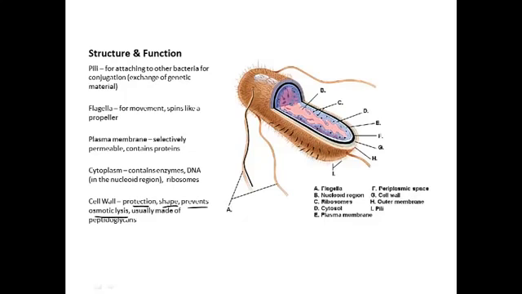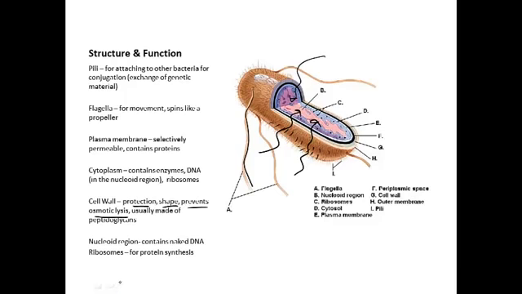It's something we'll learn about in the next unit, but water tends to flow into the bacteria, and that's because there's a higher solute concentration inside the bacteria. So with all that water flowing in, it has the potential to burst. That's osmotic lysis. But the cell wall prevents that from happening.